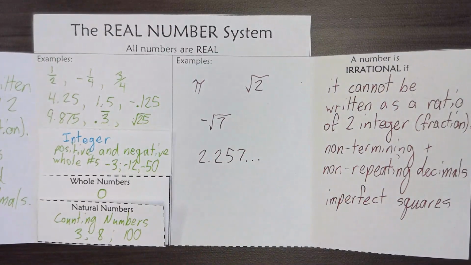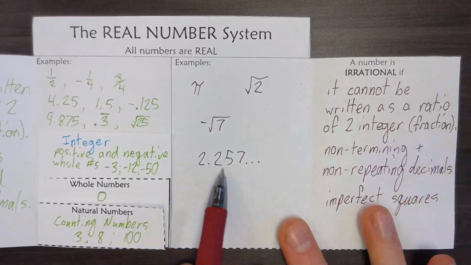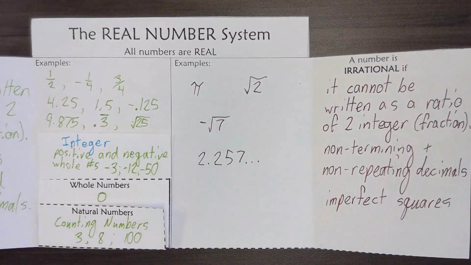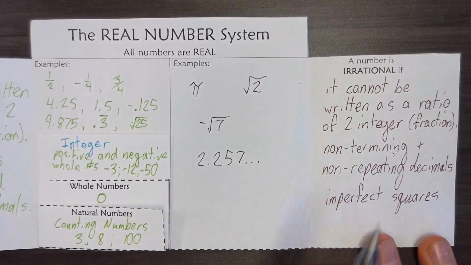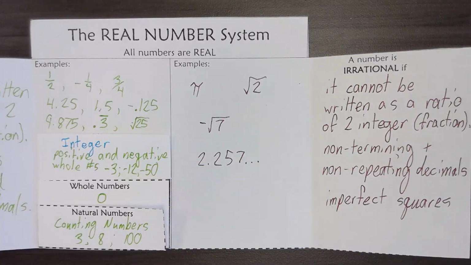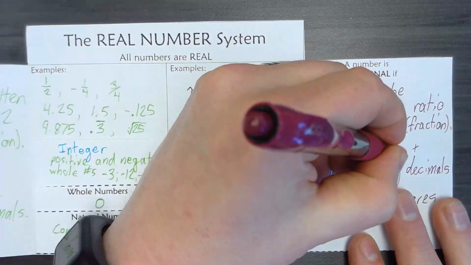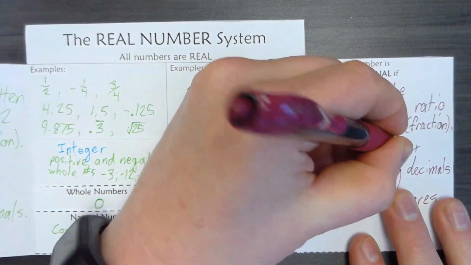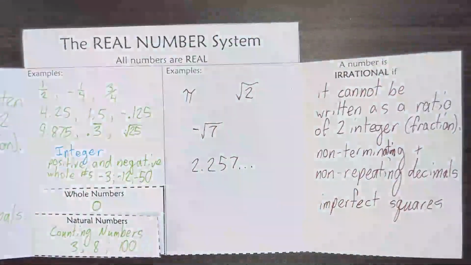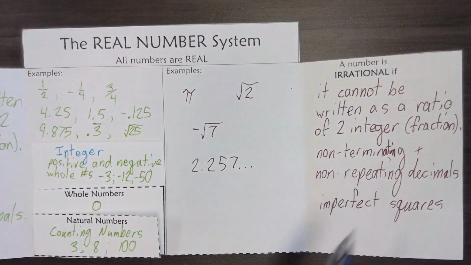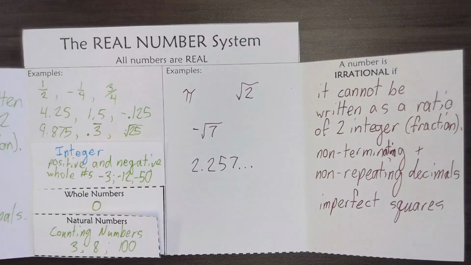Nothing's repeating here, okay? So this is going to be an irrational number, a decimal that does not terminate or repeat. Oh my God, I spelled terminating wrong. Terminating or repeating. Okay. Excellent. So that should help you to do this kind of thing.